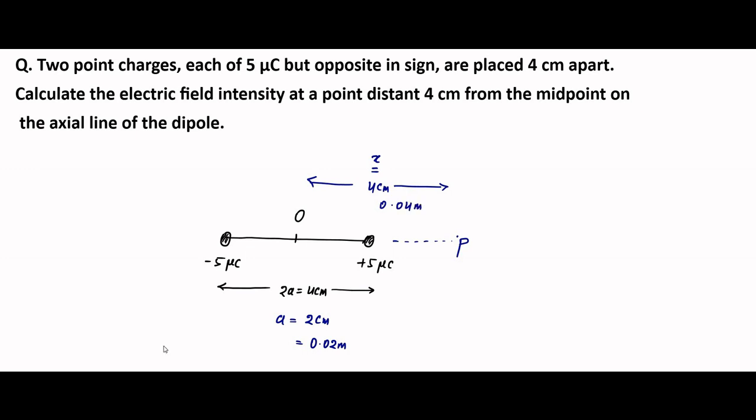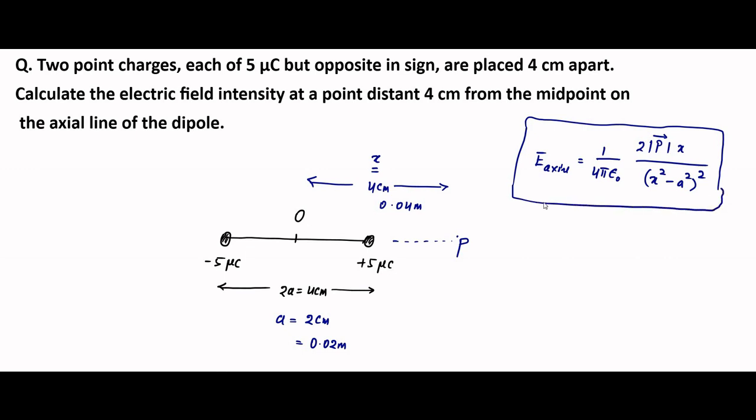So along the axial line of the dipole, the expression for electric field intensity is equal to 1 by 4 pi epsilon 0 into 2 p vector x by x square minus a square whole square. This is the expression of electric field along the axial line.